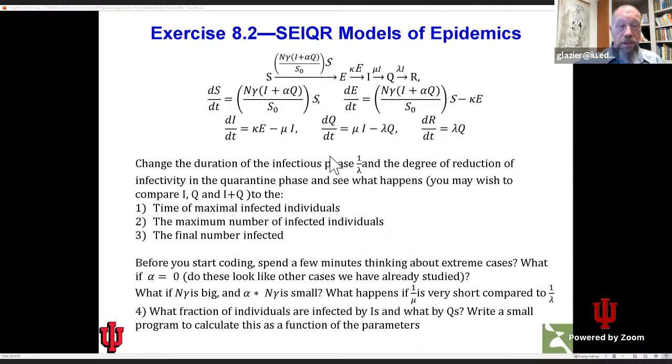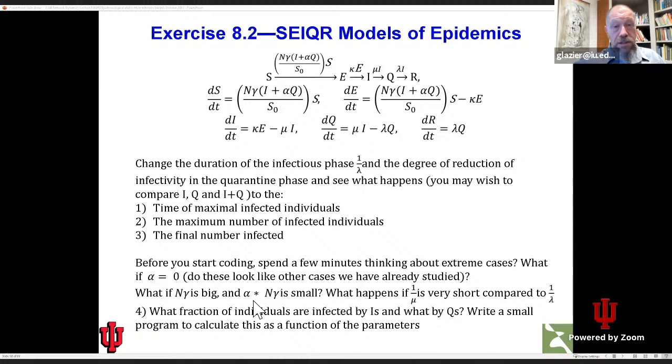Something that you can do in a game like this is ask the question, what fraction of individuals were infected by the I people, and what fraction were infected by the Q people? And you could ask how that ratio changes as you change alpha, the degree of isolation. And that's a pretty important question when countries are doing quarantine.